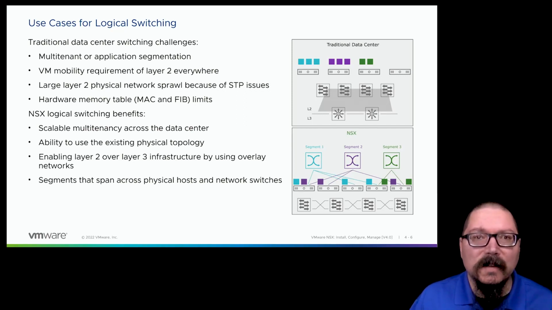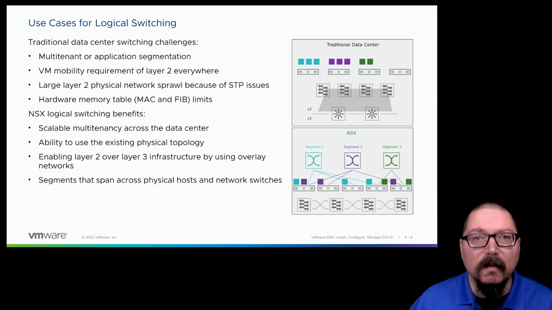And so we're using logical switching to further enable multi-tenancy by being able to provide each tenant their own logical switches. We're trying to affect some scale there, right? Remember, with VLANs, we only have 4,096 of those available. Well, logical switches, we can get many more. So we can crank the scale up quite a bit further with logical switching.